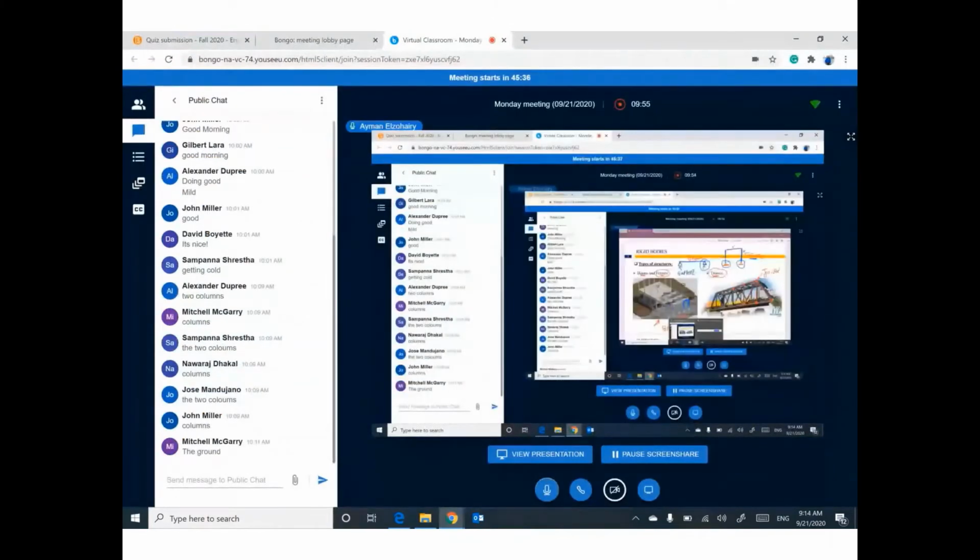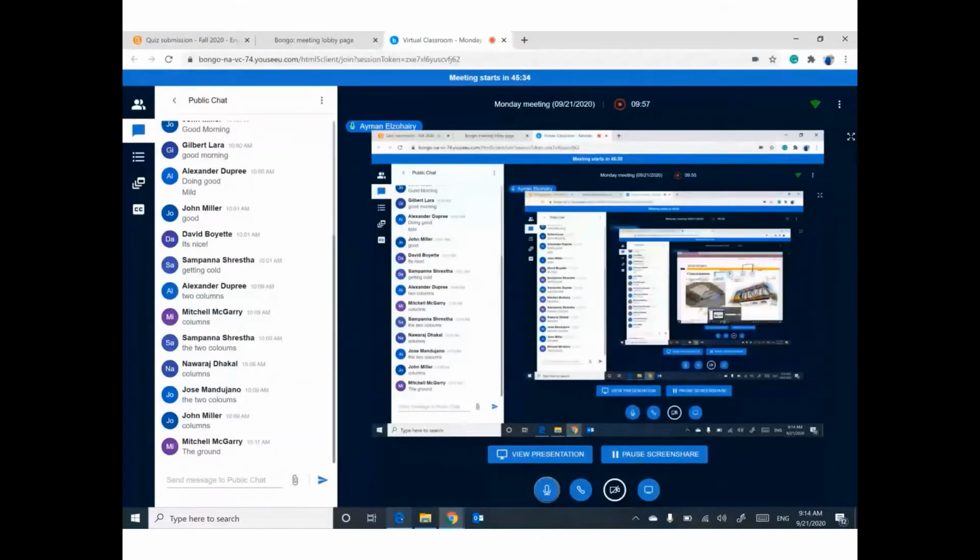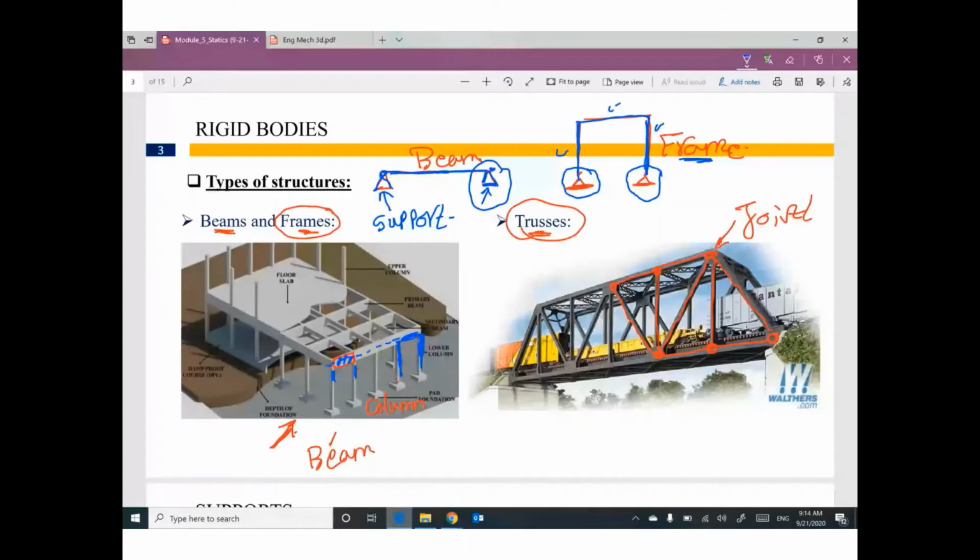Not a ground, but we have something here called foundation. In this case, we have something called footing, an isolated footing. I didn't draw the footing, but I put this support as a simulation or representation for this foundation.